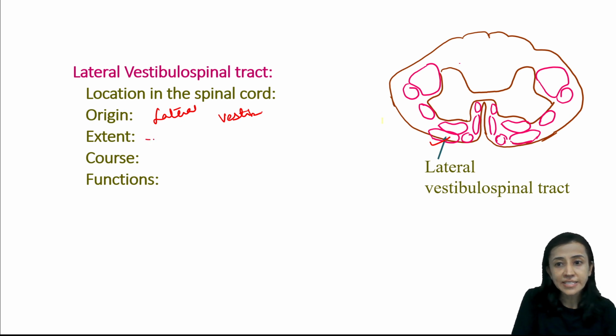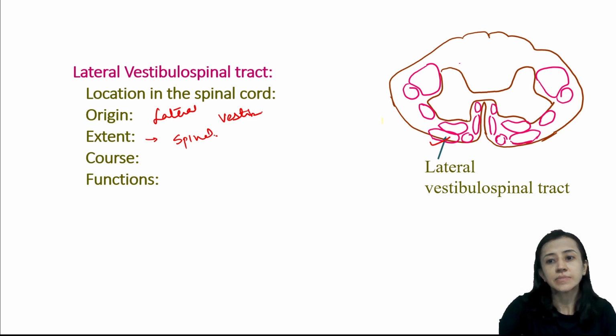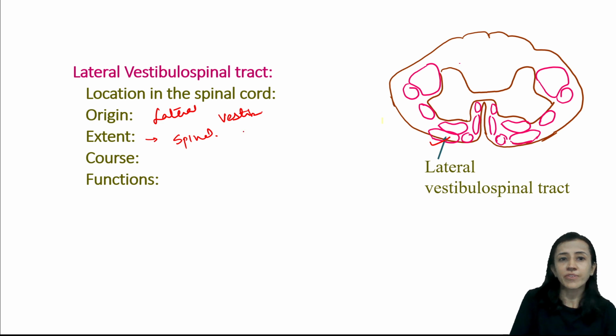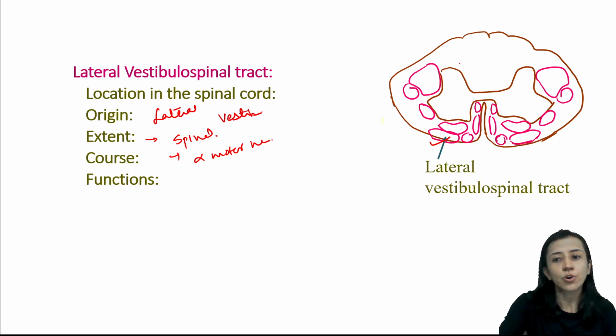Now they extend and pass throughout the spinal cord. These tract fibers also end on the alpha motor neurons directly or through interneurons, and their functions are also the same. They are also concerned with the adjustment of position of head and body during angular and linear acceleration.